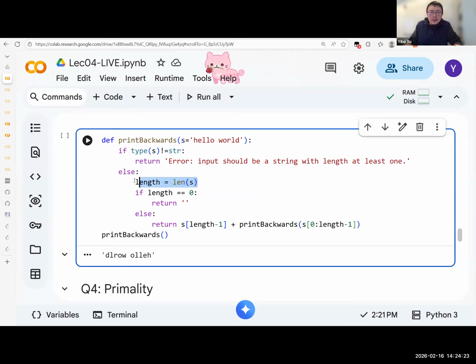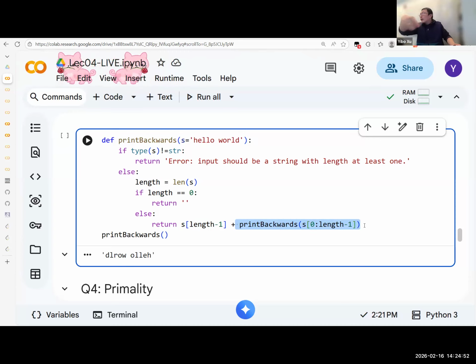Otherwise, I get the length first. If the length is 0, if there's no character in there, then I would not need to do anything about the reversal. So this is the base case. Here the idea is a little bit different from the lecture: the last element, I put it up front, and then for the rest, I do print backwards.